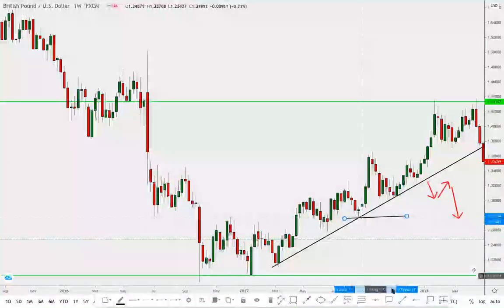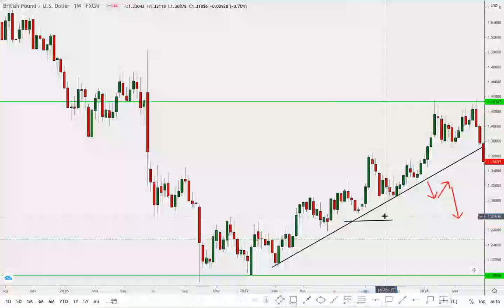If this is the area, I'd probably give it somewhere about here, just to give it some space. And because of the amount of pips that I'm potentially about to make, I can give the market some really good stop loss room. Exactly. So that's exactly what I did here.